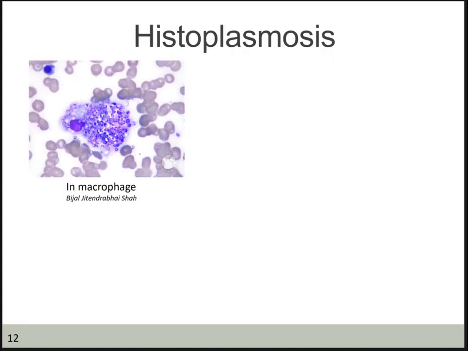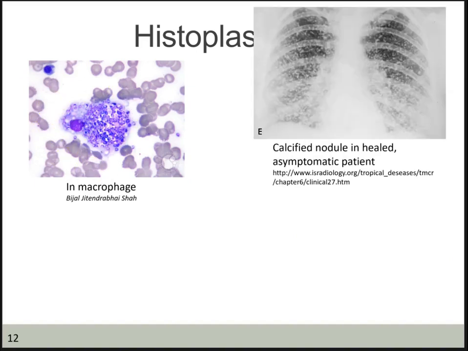So this is what the fungi look like when they're replicating inside of macrophages, and this is how they become disseminated throughout the body. They can also form calcified nodules in the lungs. These are the calcified nodules in the lungs of a relatively healthy patient who is asymptomatic.